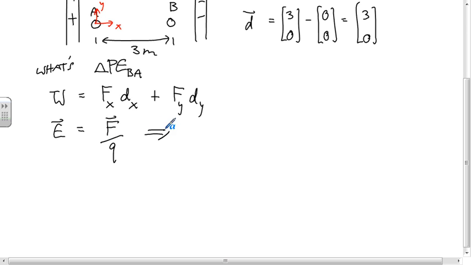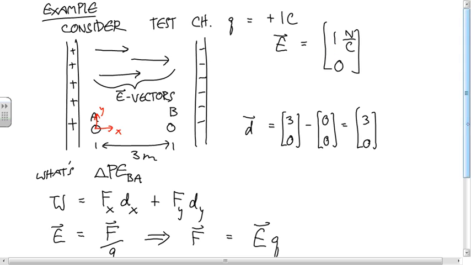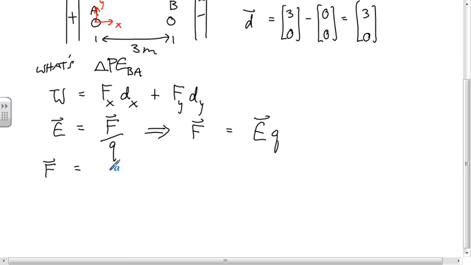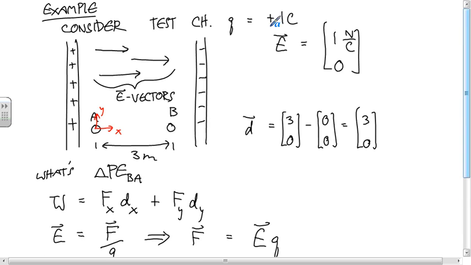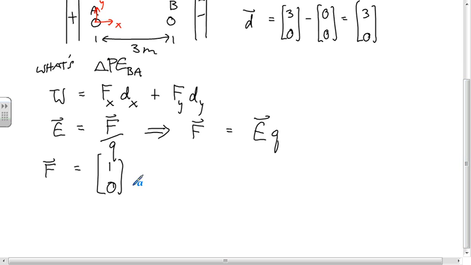And so that says that the force vector is equal to the electric field vector times the test charge. So the force vector is our electric field vector of (1, 0) times the test charge of plus 1 coulomb. And so we get a force vector of (1, 0).